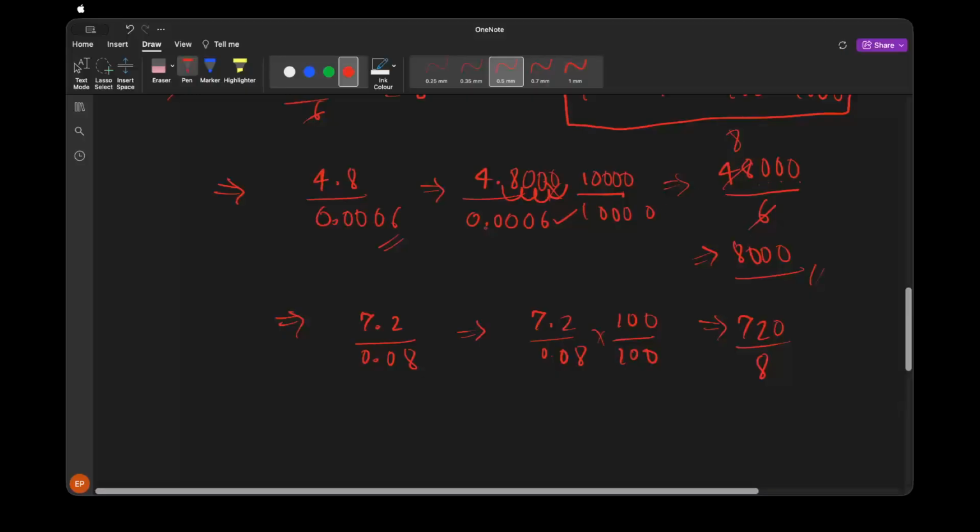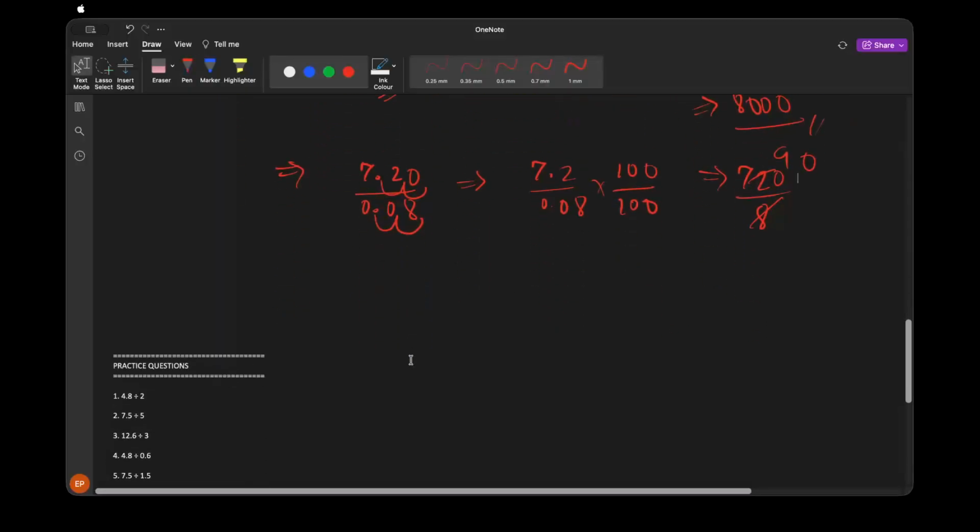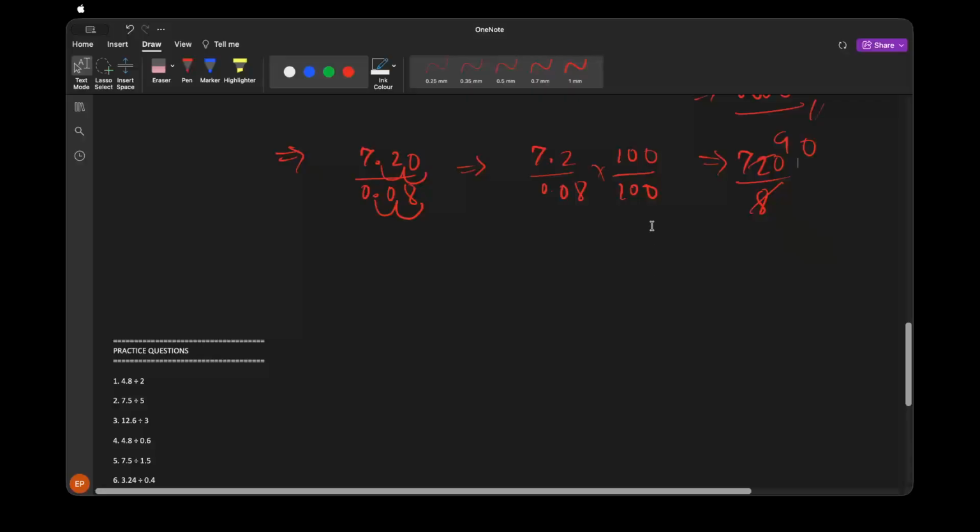Here also it is shifting 4 places to the right, 1 2 3 4, so the answer is 6. In the same way, here we are multiplying by 2 zeros, so it is shifting 2 places, 1 2, so it becomes 720. In this case 1 2, so it became 8. So we can now easily calculate the answers. Like this we can do it by multiplying by some numbers.